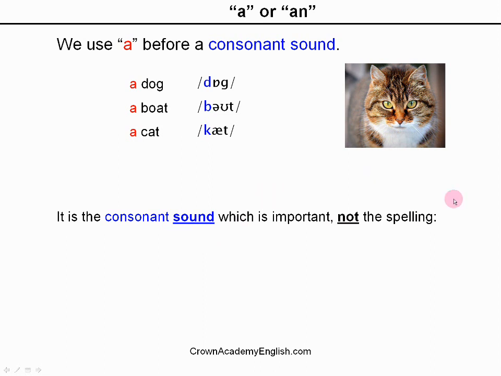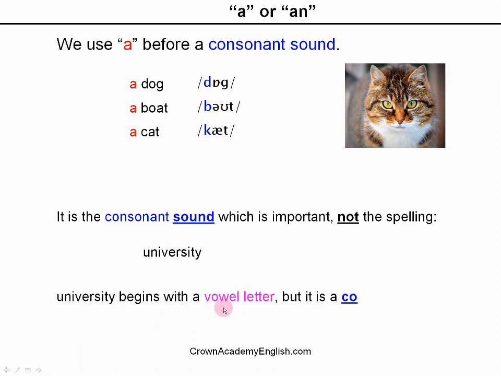So I'm going to give you an example of an exception. For example, this word, okay, it begins with a vowel letter, but in fact it is a consonant sound.